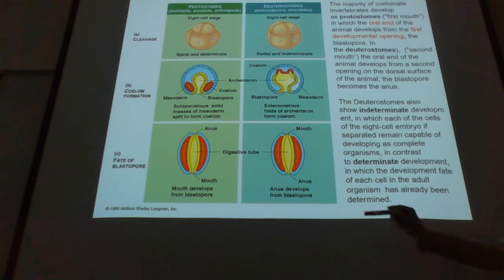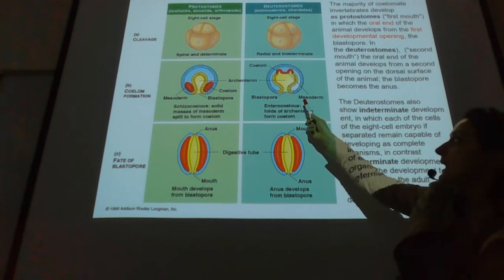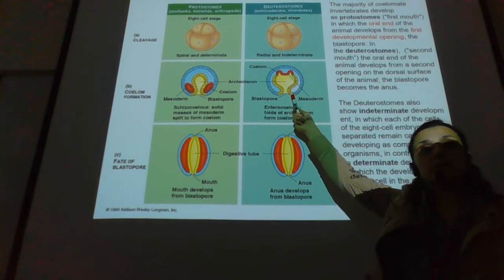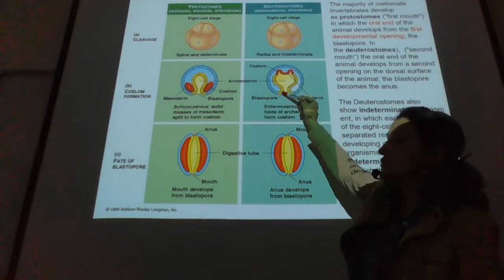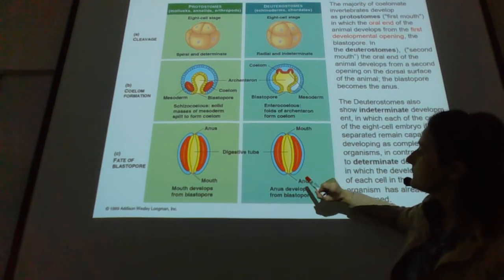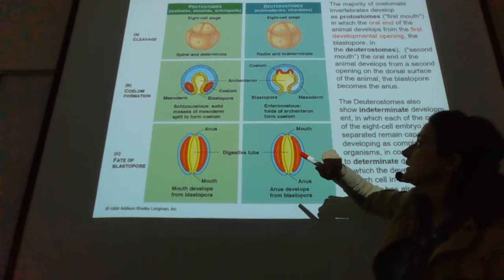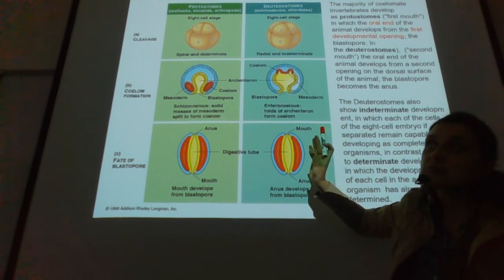Okay, so let's start from the deuterostome. This is us. Remember that blastopore that I talked about a minute ago in the gastrula. And this is the invagination that will become the digestive system. For some reason, you would think that the mouth develops before the anus.